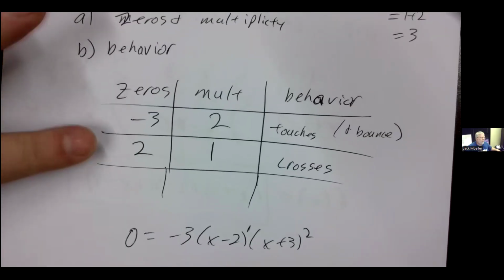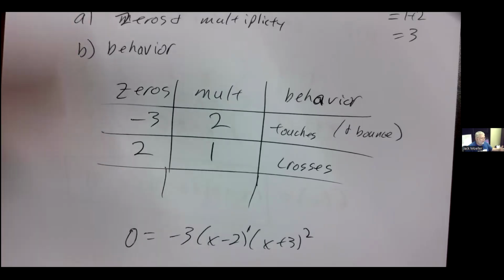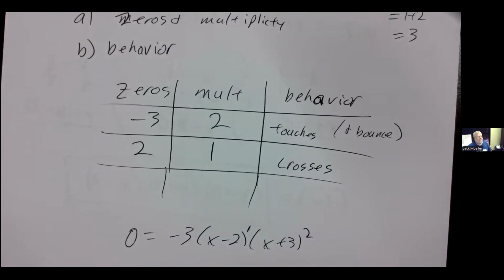If you do that before you put the answers in MATLAB, it's all right there for you to find. You don't have to go back and figure it out again. It's all written right down there for you. So I highly recommend that when you're doing zeros and multiplicity, do this chart.